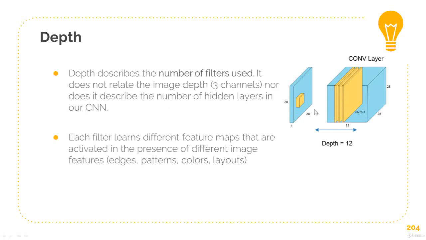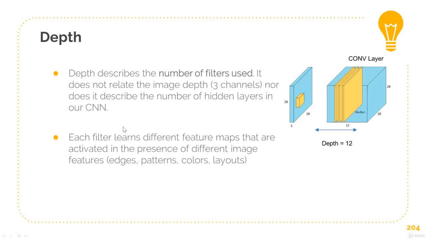So remember in this example, we have one convolutional filter that's being slid across this image, and that produces this one convolutional filter map. Well, we can have as many of these maps as we want. In this example, we use 12, but in reality, we can use 32, 64, any number of filters.